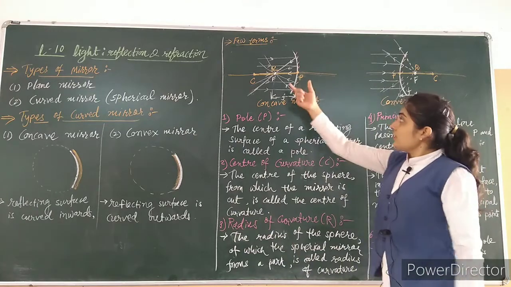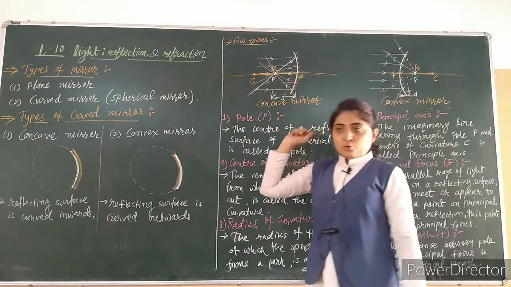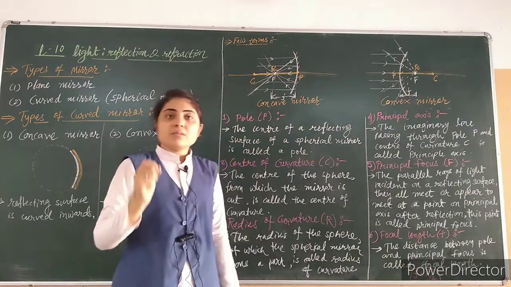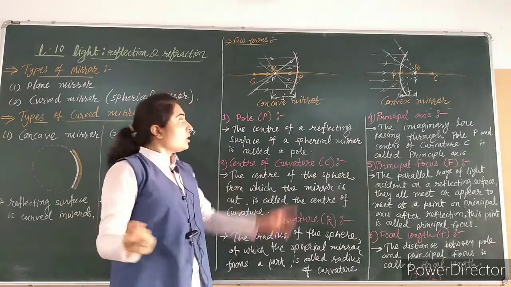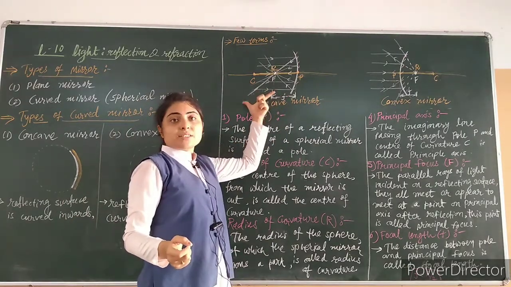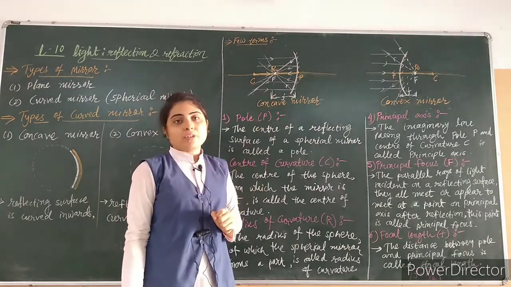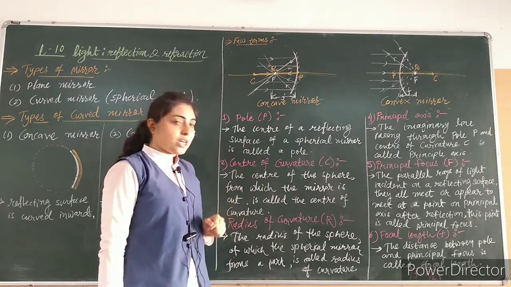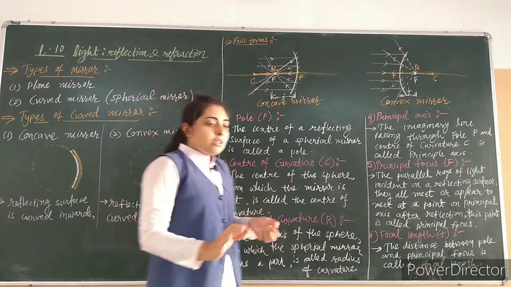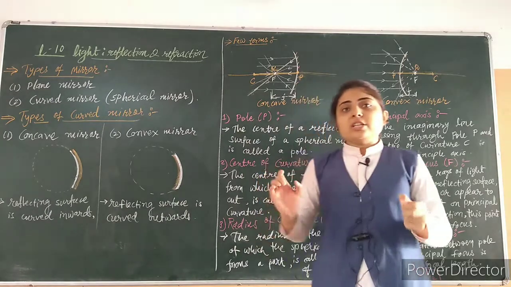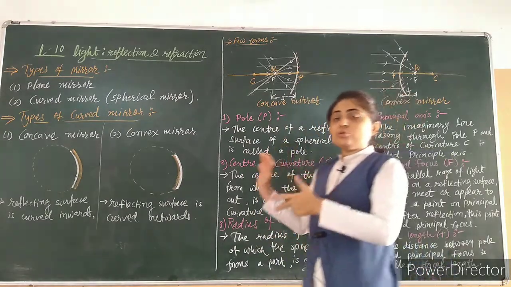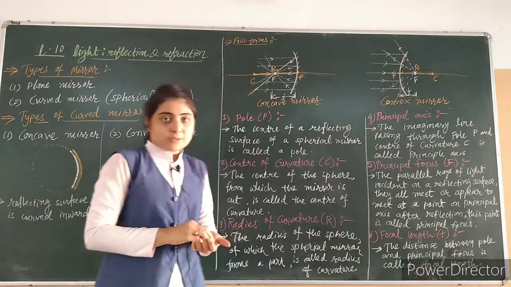This relation of f and R is proved: always for any mirror, convex or concave, the focal length is always half of the radius of curvature. So this relation we have to remember. These are the very important terminology related to curved mirrors.